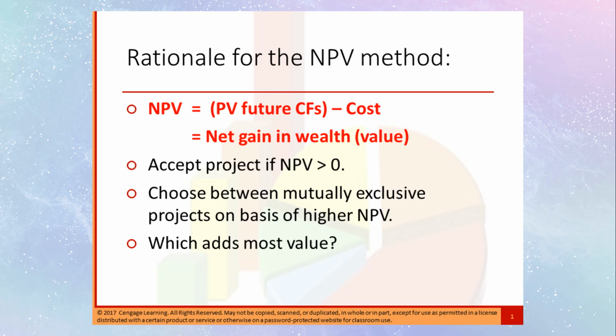The result? Project S has a positive net present value, meaning it does create value. The rationale is that a positive NPV increases shareholder wealth. Among mutually exclusive projects, we go with the one with the higher NPV because it adds the most value.